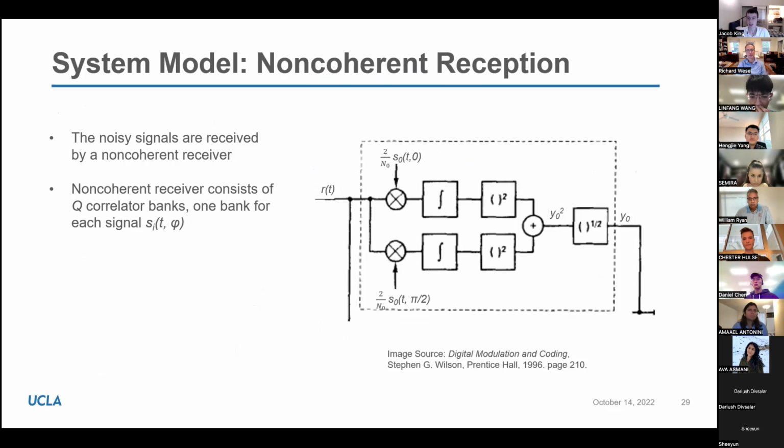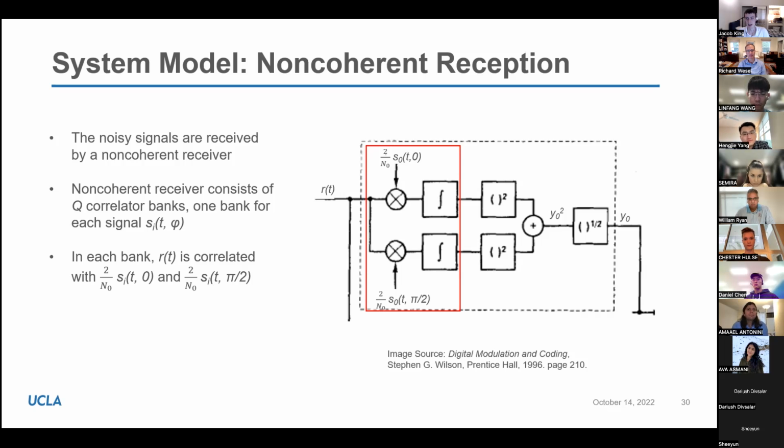The non-coherent receiver consists of a total of Q correlator banks, one for each signal in our signal set. On the right, we can see an example of one of these correlator banks for the 0th signal, S sub 0. Again, the phase of the signal being received is unknown.